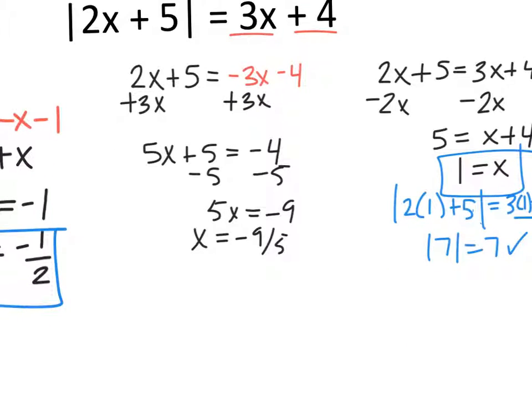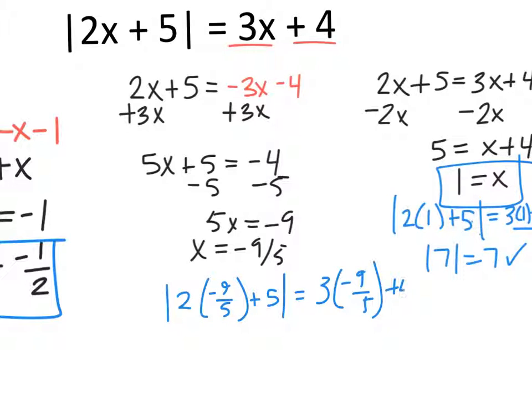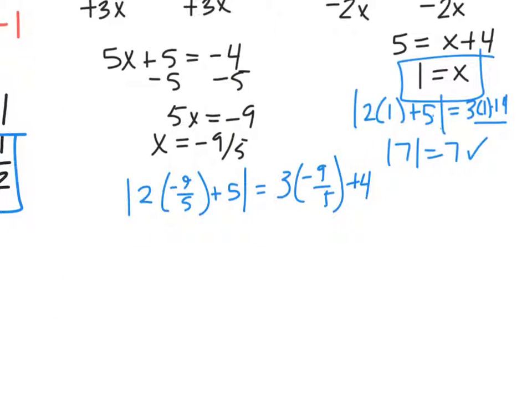And now I'm going to check negative 9/5. So 2 times negative 9/5 plus 5, does that equal 3 times negative 9/5 plus 4? This is just a little more work with fractions. You can always plug this into your calculator as well, but I'm just going to use fractions.